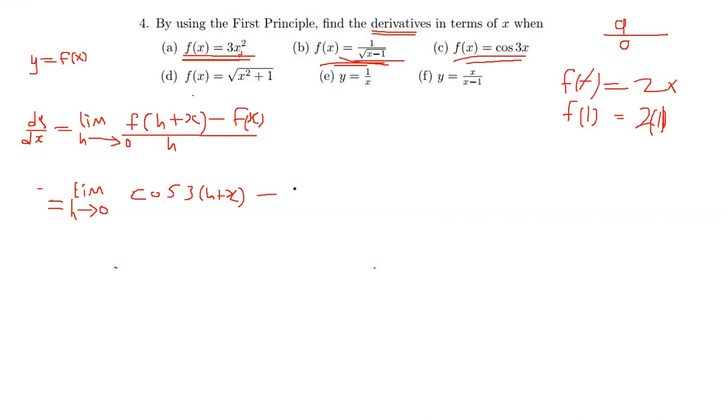And then I'll subtract the whole function again from that. So I'm going to have cos 3x this side, and then everything divided by h.